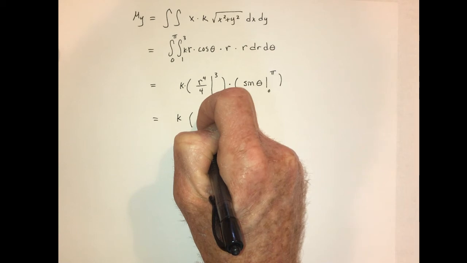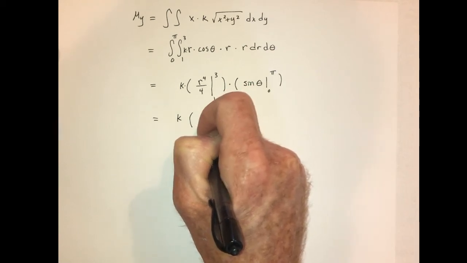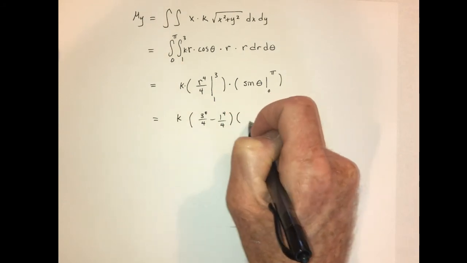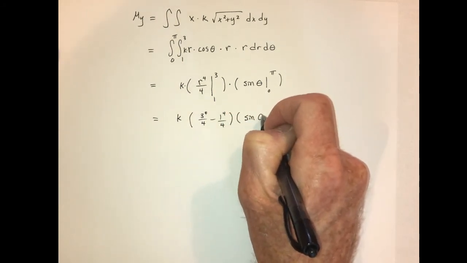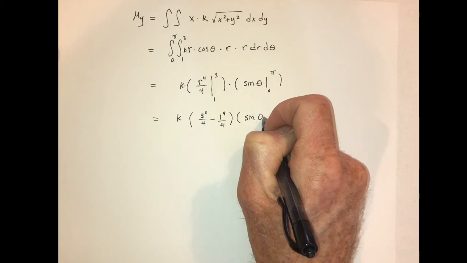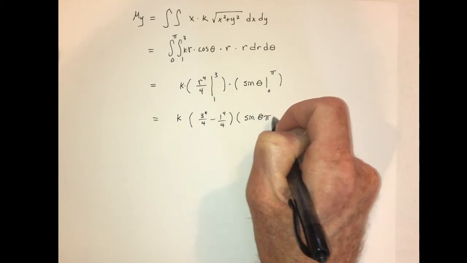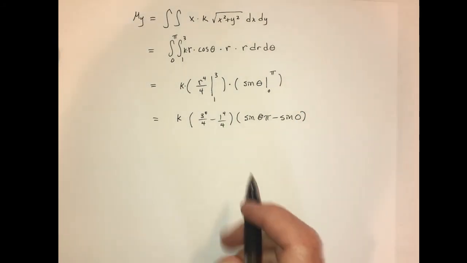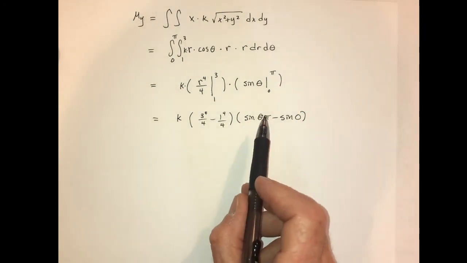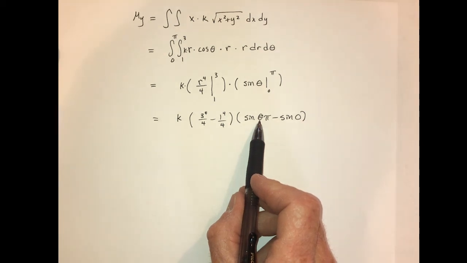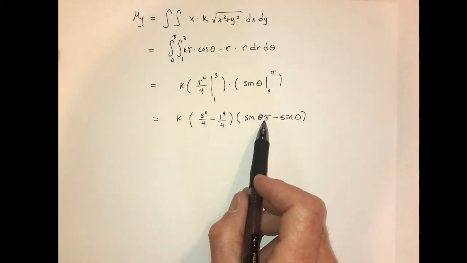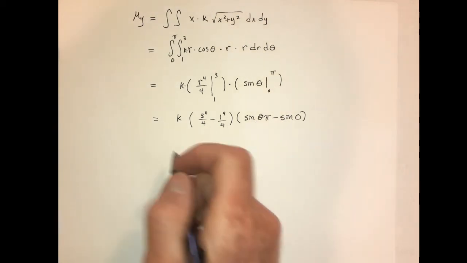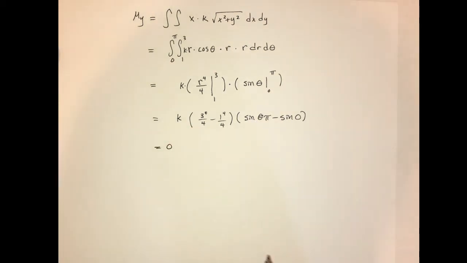So then we'll have 3 to the 4th over 4 minus 1 to the 4th over 4. And then this part will be sine of pi minus sine of 0. Sine of pi is equal to 0, and sine of 0 is equal to 0, so that means this is 0 times this. It means that it equals 0.